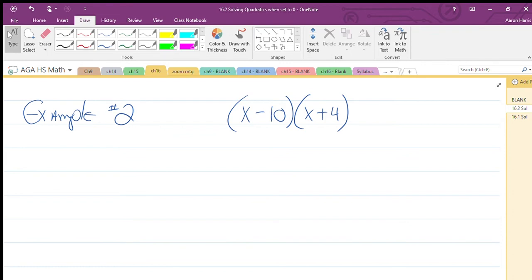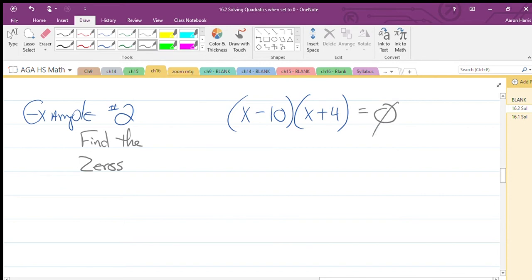Example number 2. So I give you the product of x minus 10 times x plus 4. The question posed to you is find the zeros. So what do I do? Set it equal to 0. If I set it equal to 0, then I'm able to split them apart. X minus 10 is equal to 0.